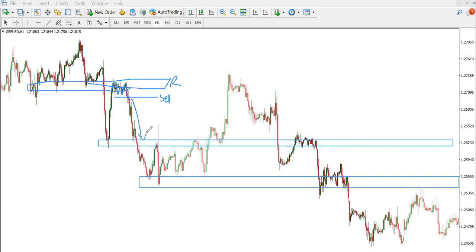Target would be a previous level of support. We would take profit at this level. Our stop loss would be above resistance.